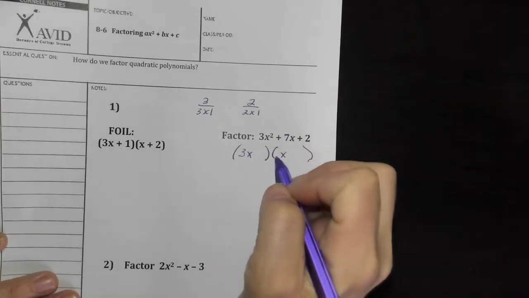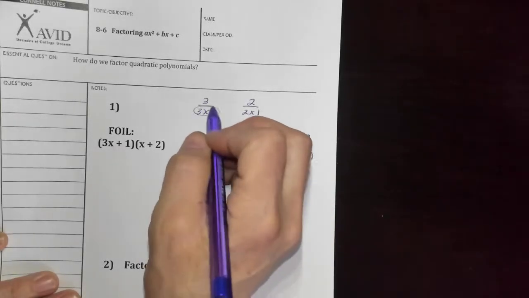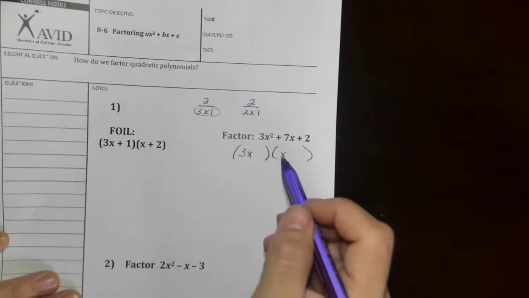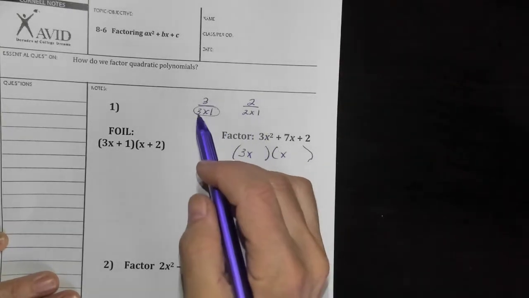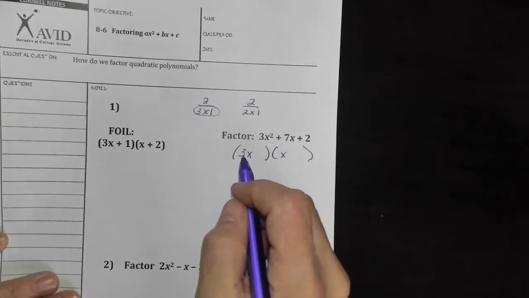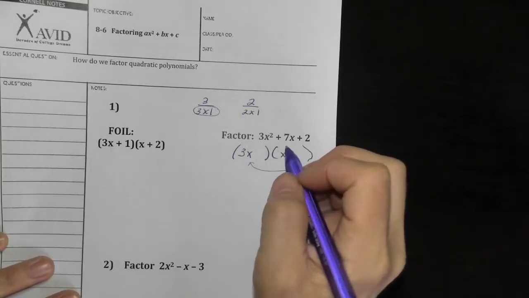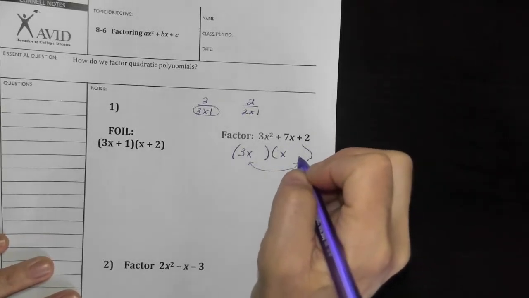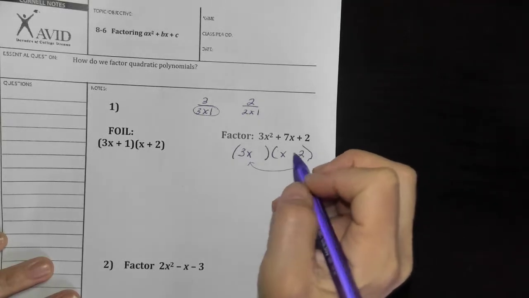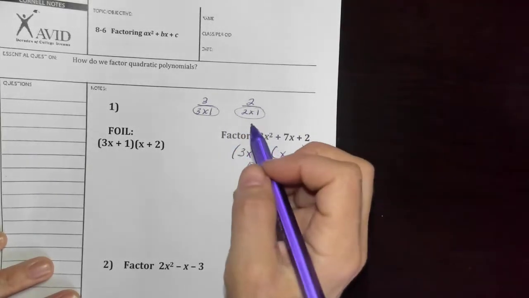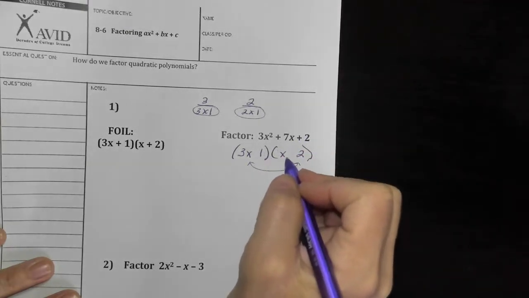So if I put 3x here and just x here, the 3 and the 1, I know that I have a 2 that I can times by 3 or a 1 that I can times by 3. So 3 will be connected. Let's see, I'm looking for a 7, so I think I'm going to put the 2 here. 3 times 2 is 6. And 1 is the other factor of 2, and that is going to go back here.